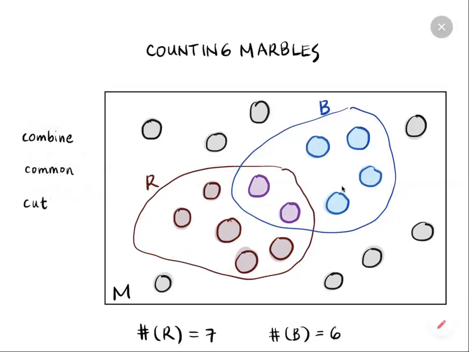So what we are saying here is that if we can count the red marbles and the blue marbles, including the violet ones, of course, then we should be able to compute the common marbles, the combination of the sets of marbles, and the number of marbles obtained by excluding or cutting the blue marbles, for instance.